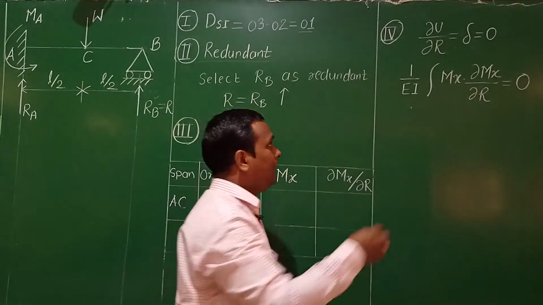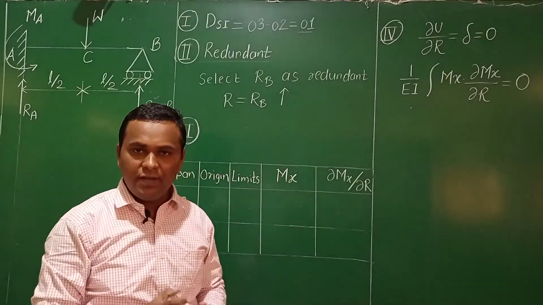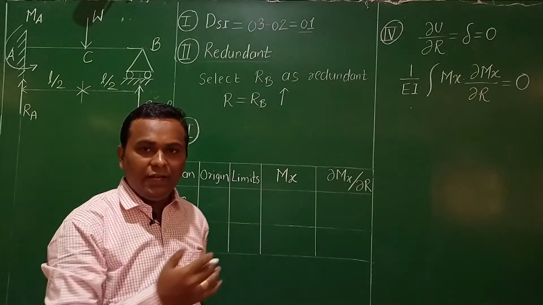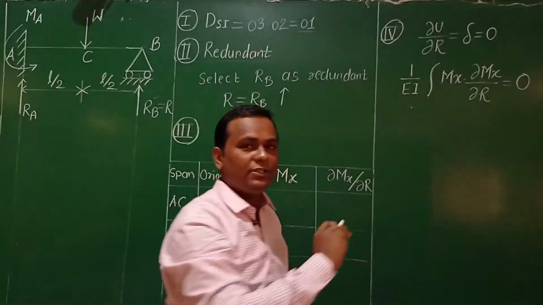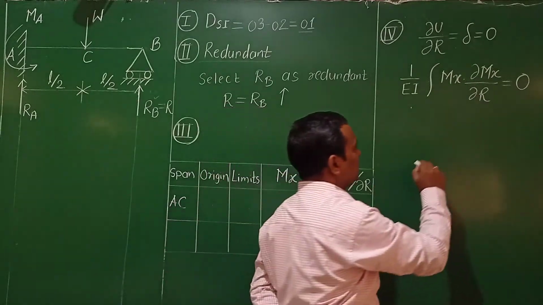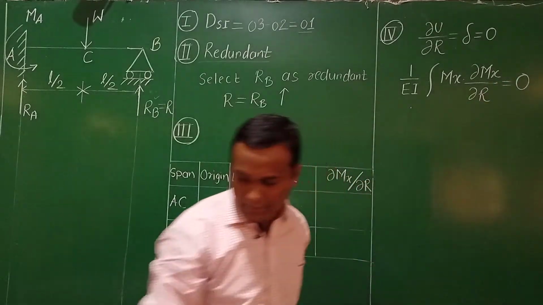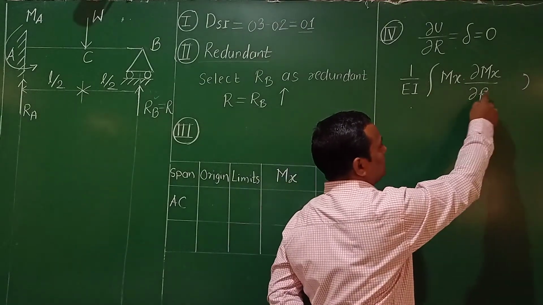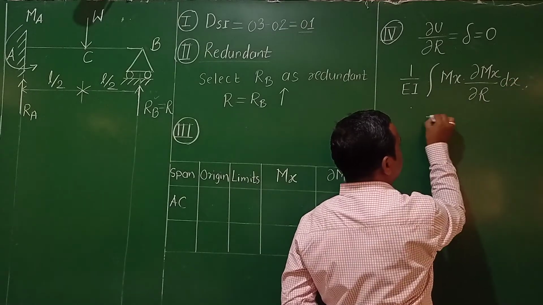Now when we replace U, the total strain energy stored in a member, in the case of a flexural member like a beam, in terms of its bending moment, we get the equation: 1 upon EI, integral of Mx into ∂Mx/∂R with respect to dx, is equal to 0.